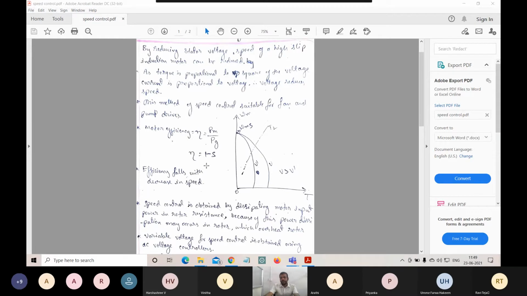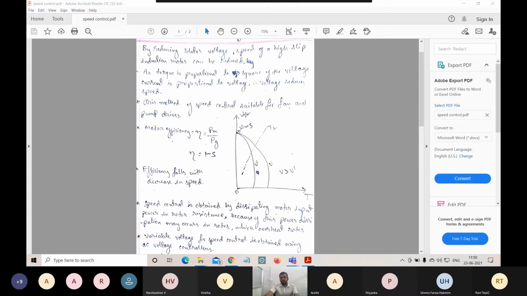By making use of this relationship, we come to one conclusion: the efficiency of the motor decreases with decrease in speed.